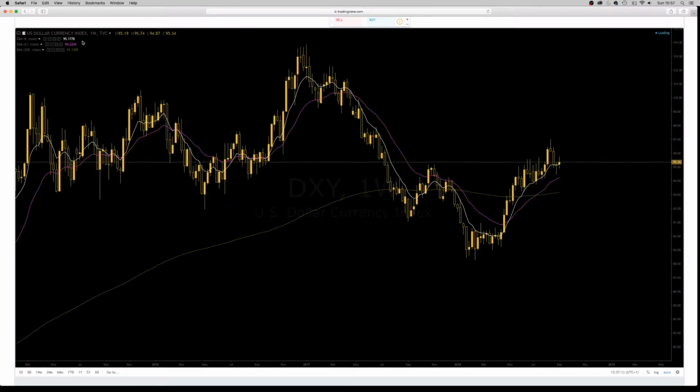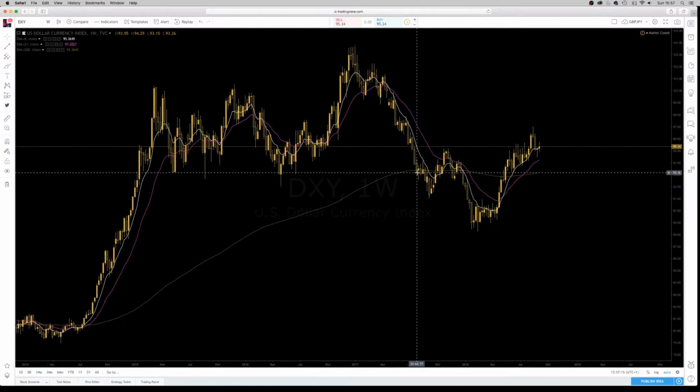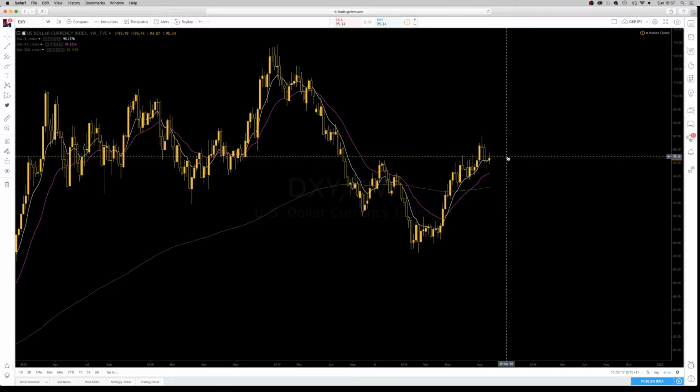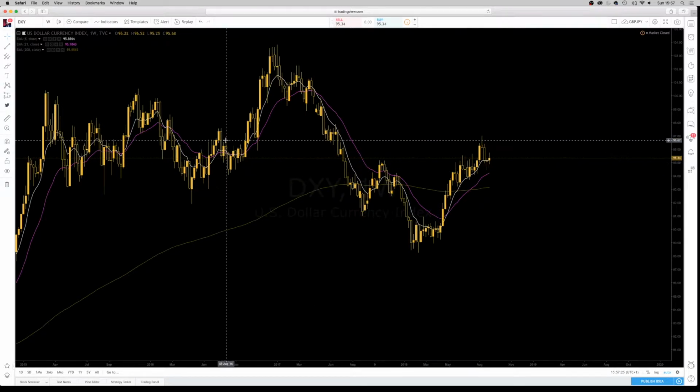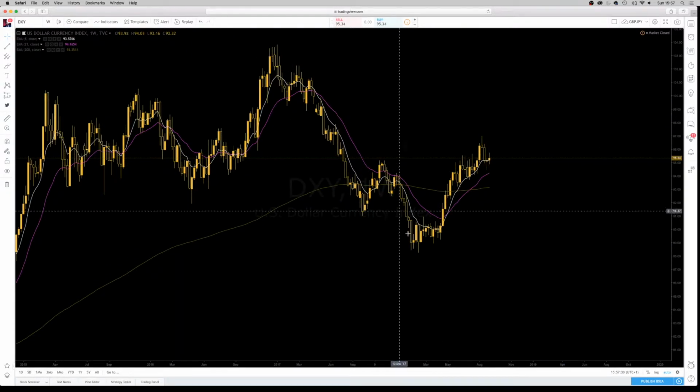So let's have a quick look at the dollar index just to start off. Now, last week we really didn't break higher, or close higher I should say, than the 95.5 level, so we're still up into this area of structure, which could be just a pullback for more downside to the dollar.